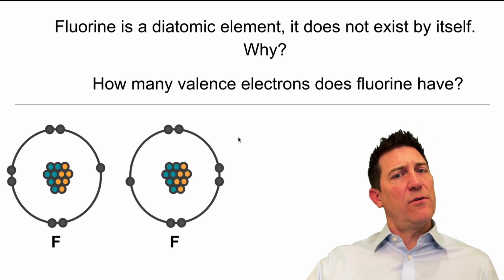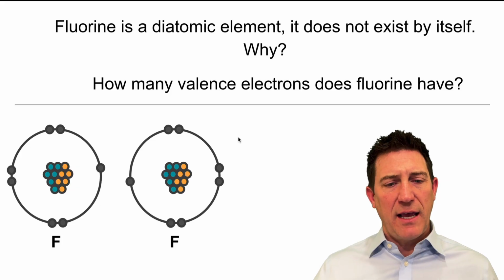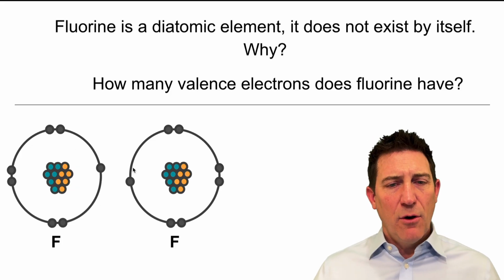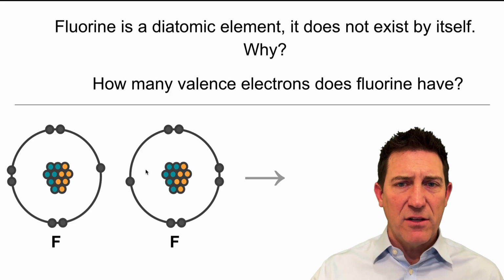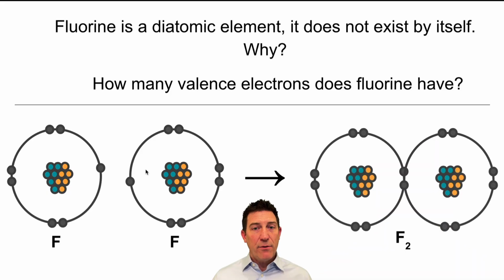But what if there's another fluorine around and the fluorine's like, hey, what if we just shared these, and we would both have 8 valence electrons, and looky there. Now it's F2. So fluorine is diatomic because if there's nothing else to attach to, it'll find another fluorine and attach to it and make F2.